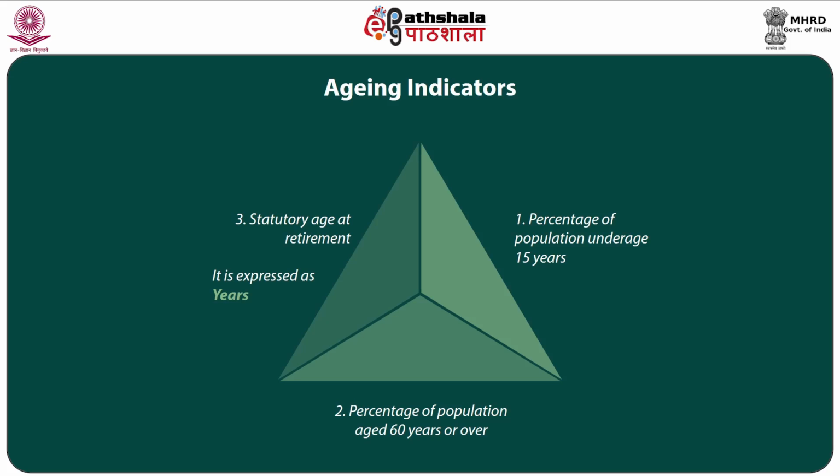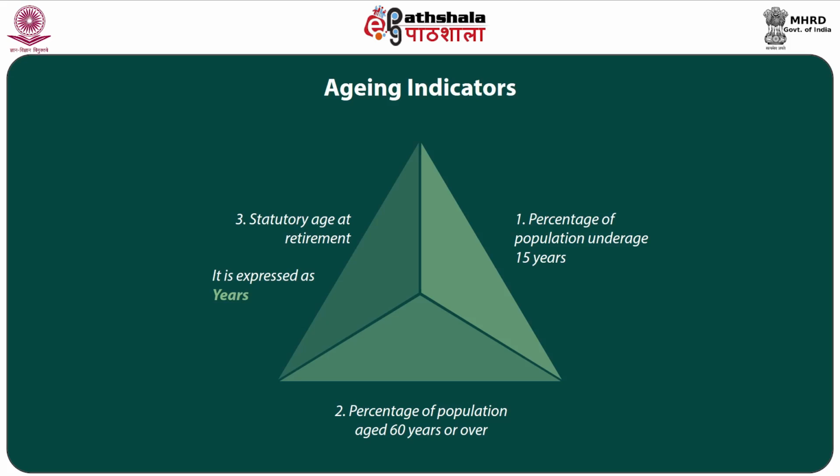One indicator which is important from policy point of view is the statutory age at retirement. Here we are talking about the age at which a person is expected or required to cease work, and usually this is the age at which people may be entitled to receive full pension or superannuation or other related benefits.